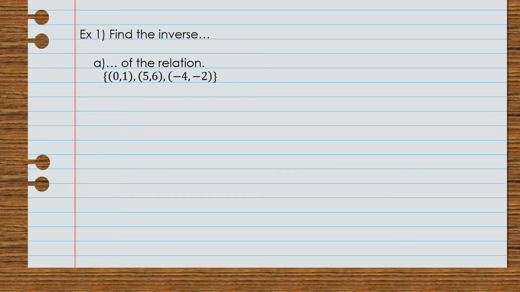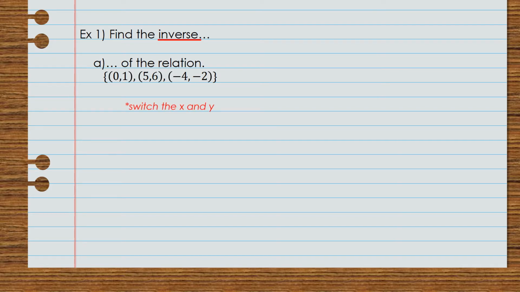Example 1 says find the inverse, and part A says of the relation, and what we have is a collection of points. We have the ordered pairs (0, 1), (5, 6), (-4, -2). Because the direction says find the inverse, what must you do?